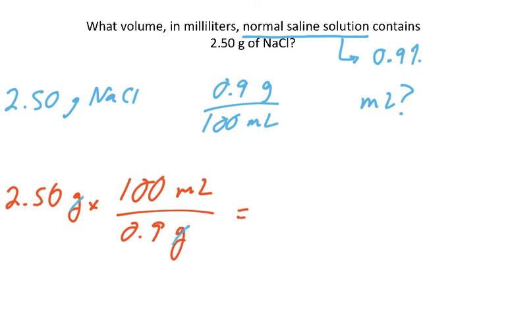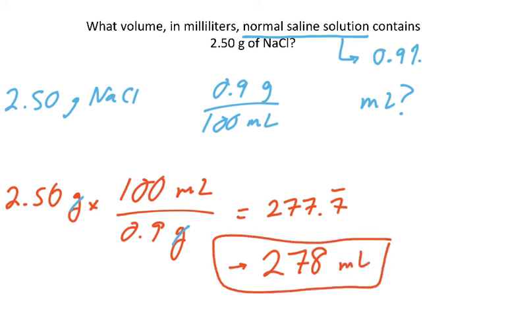We take 2.5 times 100 divided by 0.9, gives 277.7 repeating. And so this would be 278 milliliters.